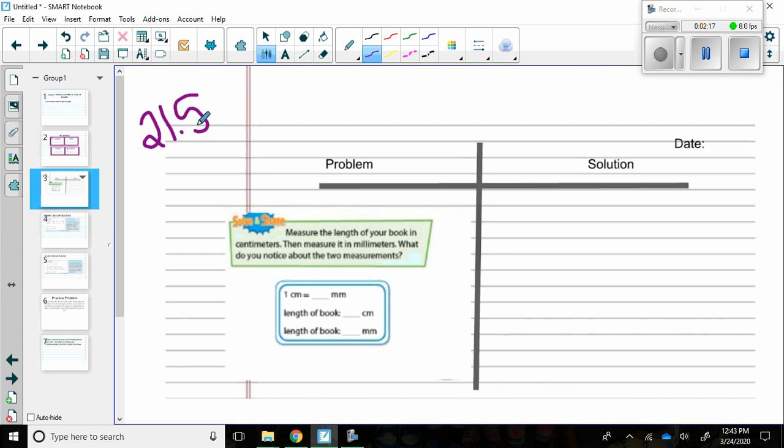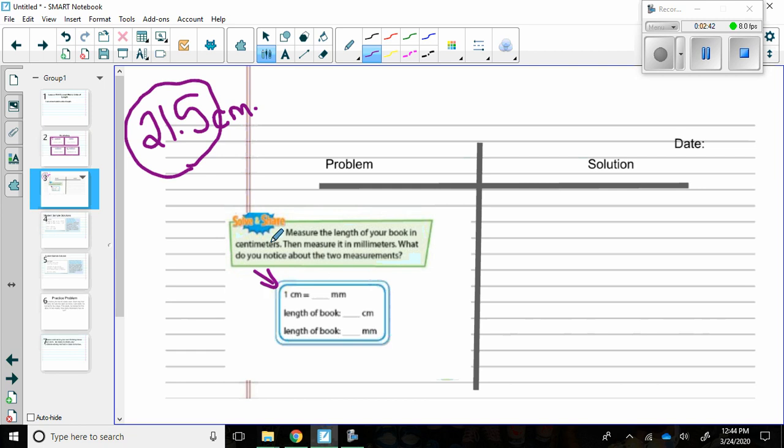Now that we're back to the video, let's go ahead and take another look at the problem. Measure the length of your book in centimeters, which we said that we are going to use the length of 21.5 or 21 and 5/10 centimeters. Then measure in millimeters. What do you notice about the two measurements? In this box here, it already gives us a conversion example.